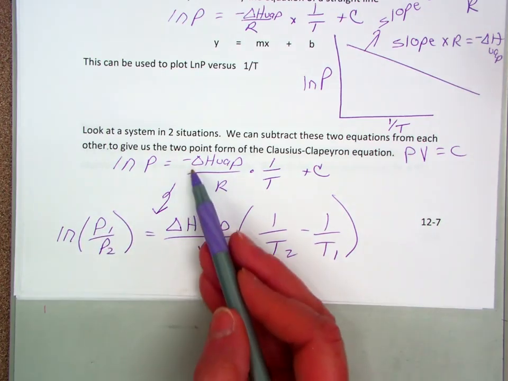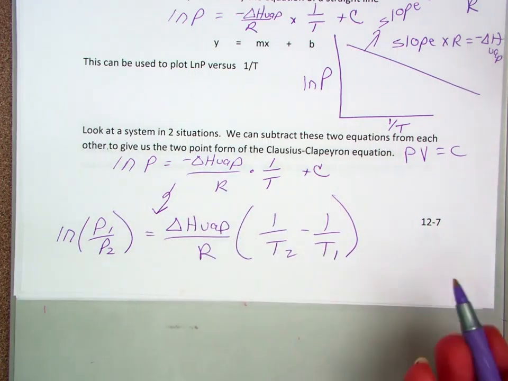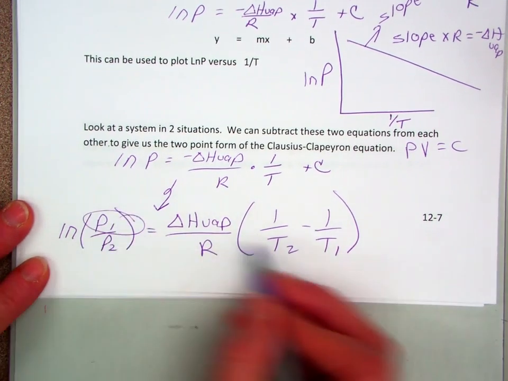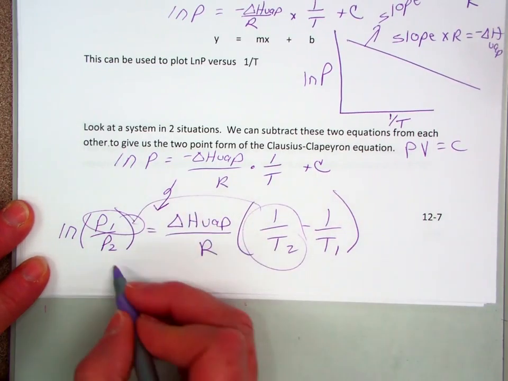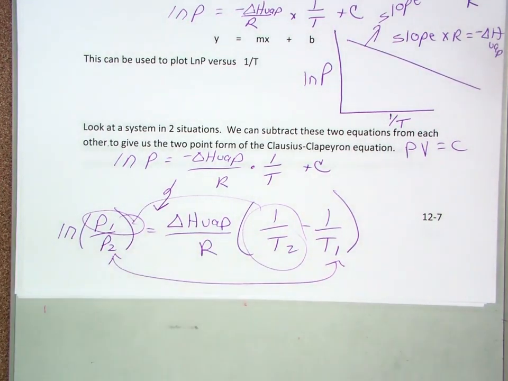So by getting rid of this negative sign, I swapped out the positions for T1 and T2. So whatever is on top goes with the first temperature, and whatever's on bottom goes with the second temperature. And it doesn't matter which one is 1 and 2. It doesn't matter what units you use for pressure. The units for temperature must be in Kelvin, as always.